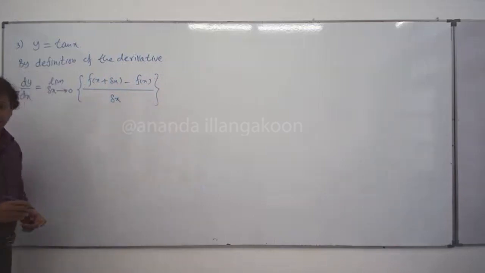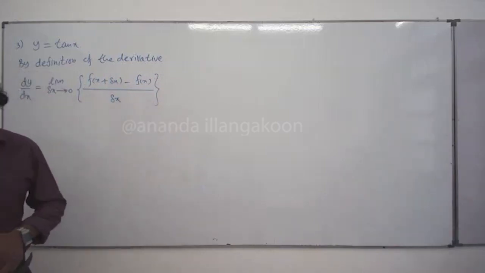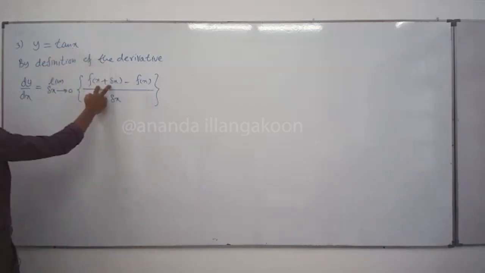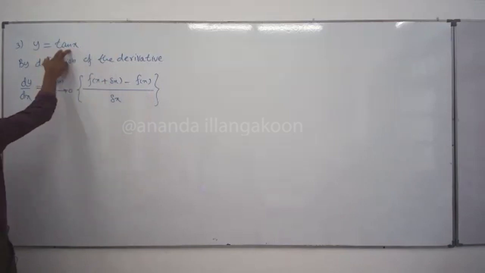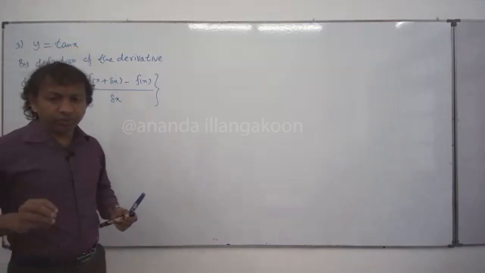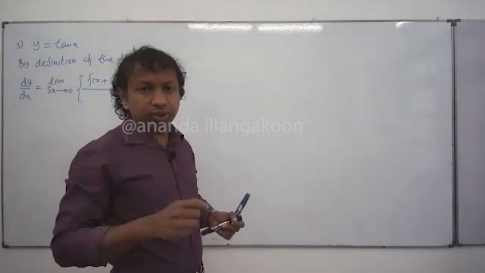This is the definition of the dy by dx. Okay. Now our f of x is this. Whatever function you have, for every x we have to replace it by x plus delta x. That means for every x you have to write x plus delta x.